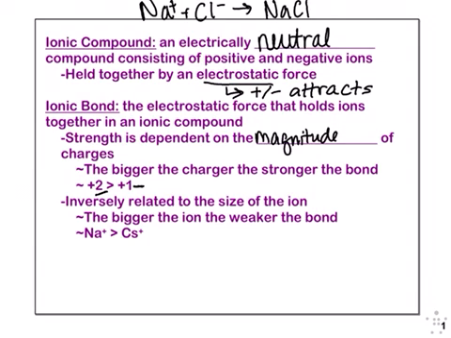When you look at the size of the ion, that also plays a part in determining the bond strength. The bigger ions will produce weaker bonds. This is because with the bigger ions, the valence electrons that are responsible for doing the bonding are farther away from the nucleus of the other ion. So if we increase the distance, we decrease the bond strength.